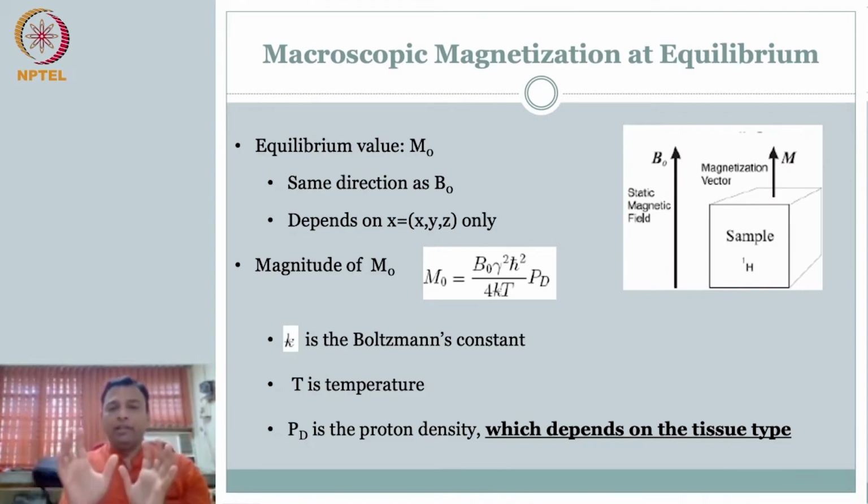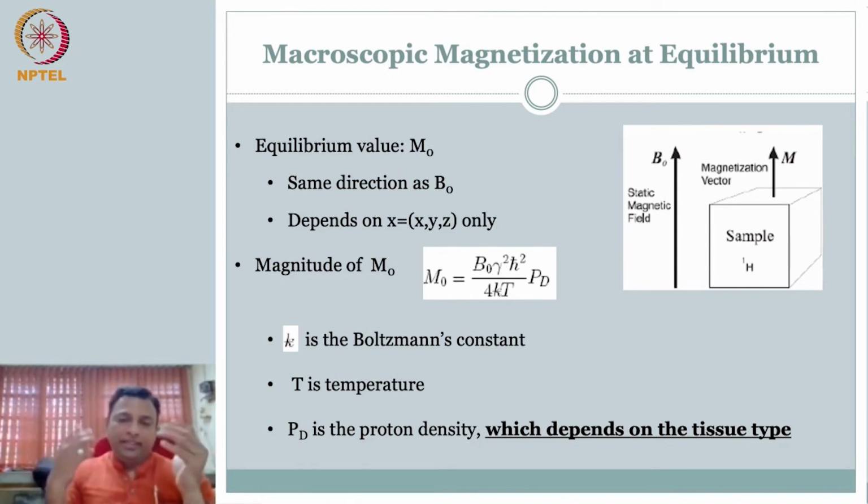So you have to be careful with the jargon when people use it. Strictly, proton density is how many positively charged protons are there in that volume. But in biomedical MRI, the first importance is hydrogen. It is not always said, but it is essentially the density of hydrogen nuclei.